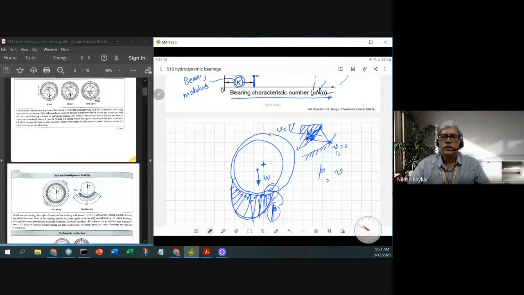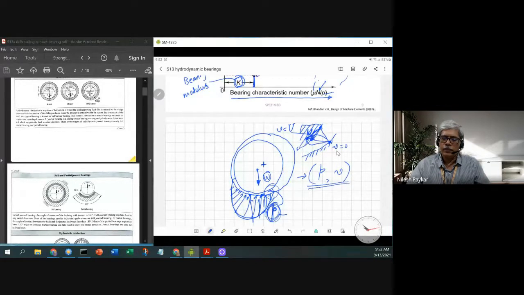So that is the first step. Finally, what we want is this pressure distribution. Once we get this pressure distribution, we can calculate how much load can be resisted by that particular pressure. So the first step is to establish the relation between pressure and the velocity field, and then this velocity can be eliminated and you can directly get the variation of pressure.